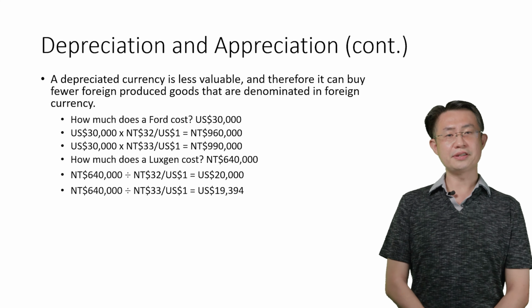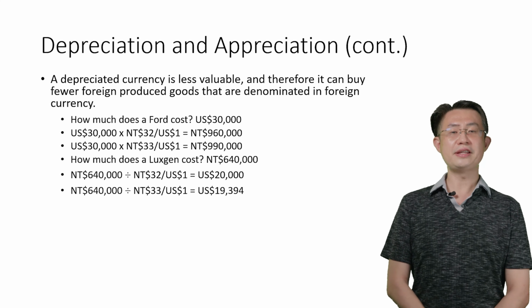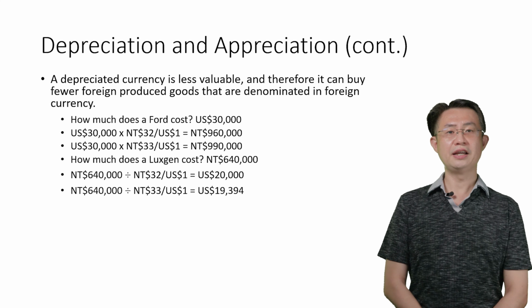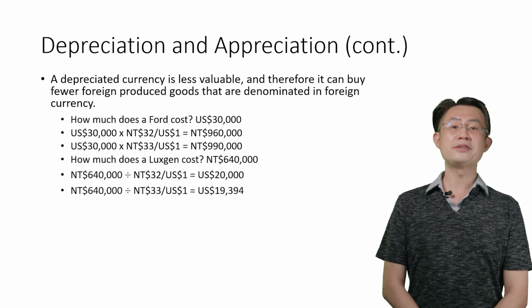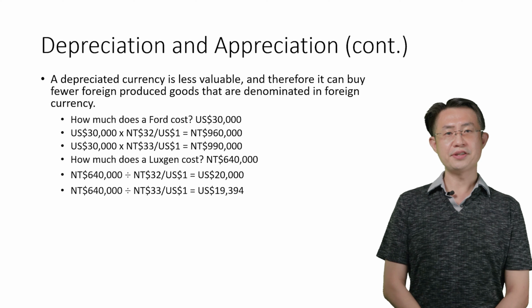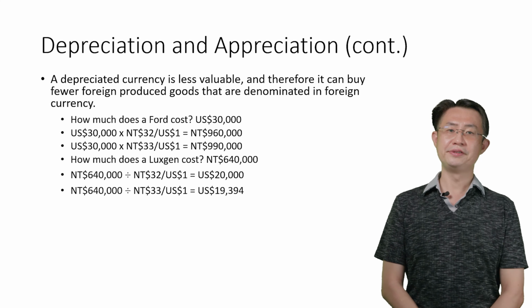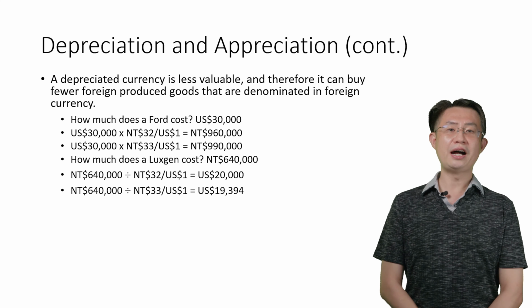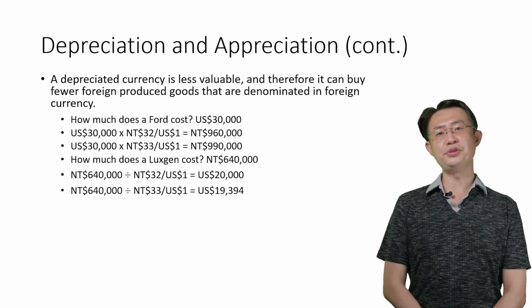That means as the exchange rate goes up, the Taiwan dollar faces depreciation. At the same time, the US dollar faces appreciation. That will lower the price of exports, right? Exports for Americans, right? So Americans will buy a cheaper luxury SUV than before after the Taiwan dollar depreciates or the US dollar appreciates.